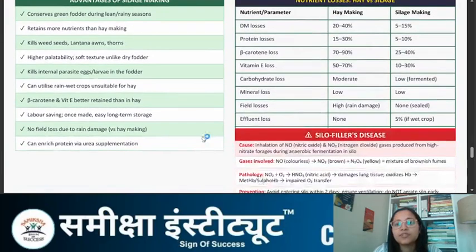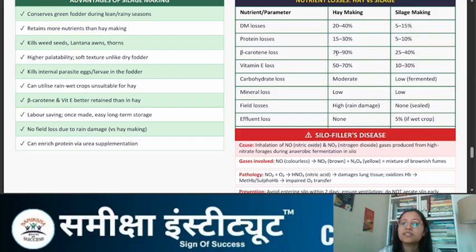Now, nutrient losses in hay versus silage. The dry matter losses in hay that we have already discussed are around 20 to 30%, or 20 to 40%. In the case of silage making, the minimum is 5 to 15%. Then protein losses are 15 to 30% in hay. We discussed yesterday how protein losses were up to 28%, so 15 to 30% are the ranges. In the case of silage making, 5 to 10%.